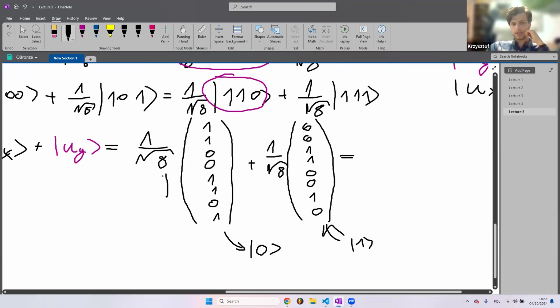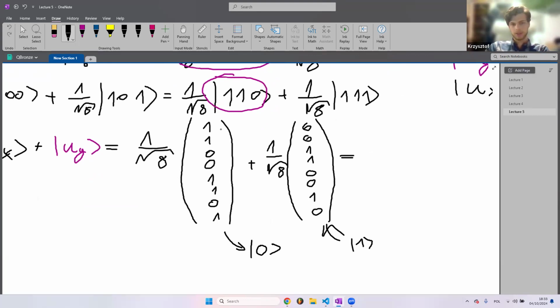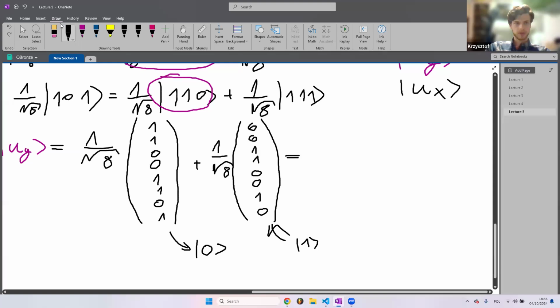But you can see that the amplitudes don't match, because when we square those two amplitudes and add them, they do not add up to 1. So we have to change how we write those vectors.